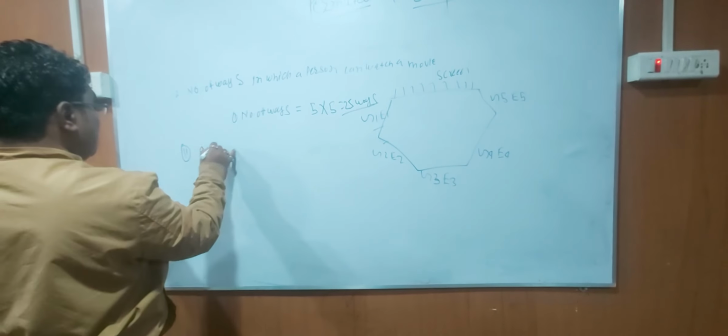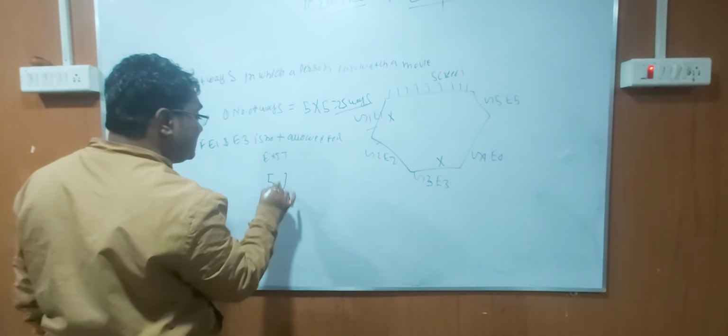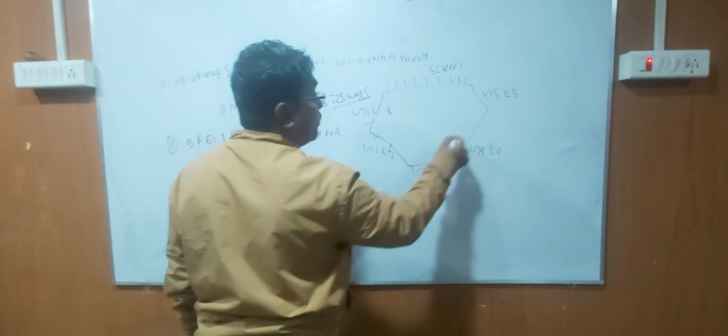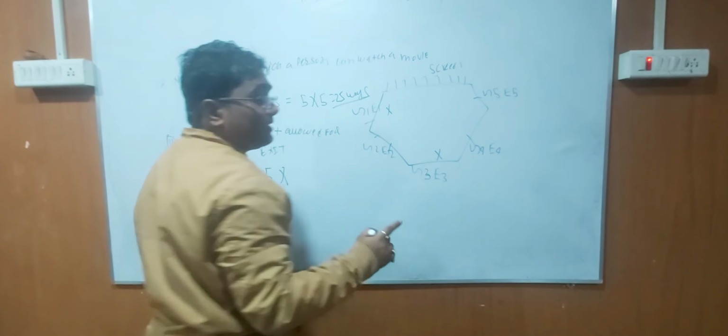Okay, then he can enter into the hall by 5 ways, and for exiting there are 3 options available, because from E1 and E3 he cannot exit. Then total 15 ways. Okay, and we can take the next question.